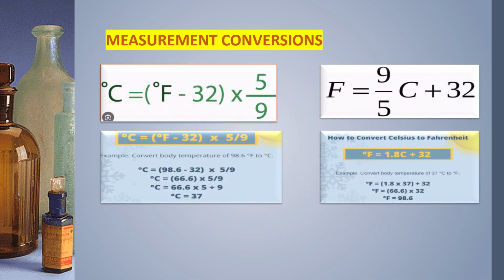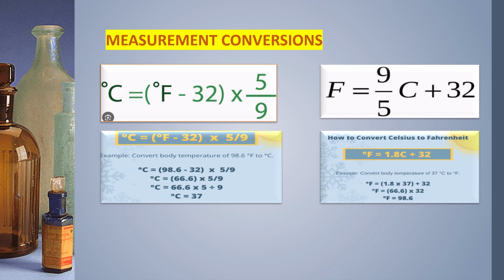Next, one thing that I would want each one of you to know is conversion from centigrade to Fahrenheit and from Fahrenheit to centigrade. If you want Fahrenheit to centigrade, what is the formula? In brackets, Fahrenheit minus 32, into 5 by 9. I have just given a small example. For example, your temperature is 98.6 Fahrenheit and you have a thermometer which reads Celsius.